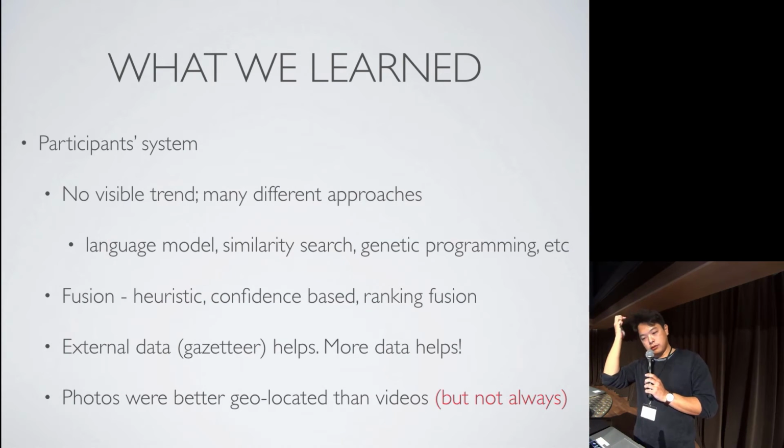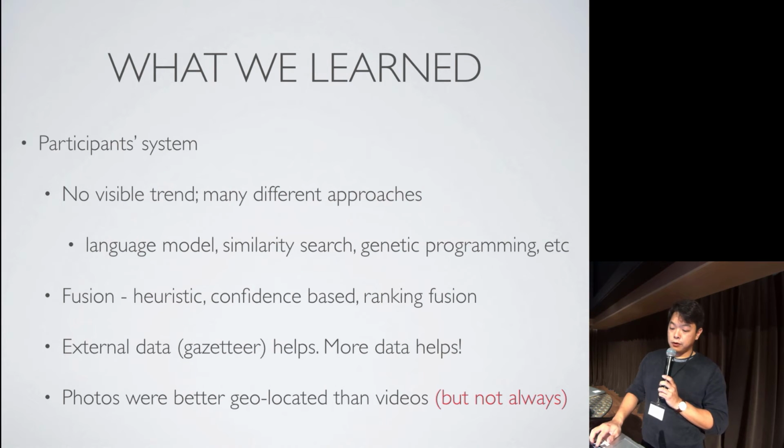This year, there was still not much of a visible trend. Participants tried very different methods, but one strong trend was the language model, along with similar research based on visual features, and one team actually used generative programming. For the fusion of modalities, some teams used just heuristic methods.